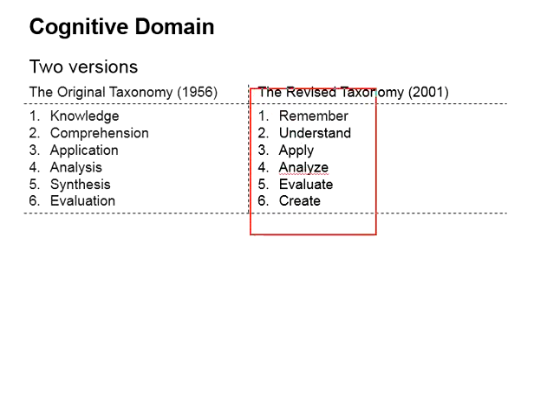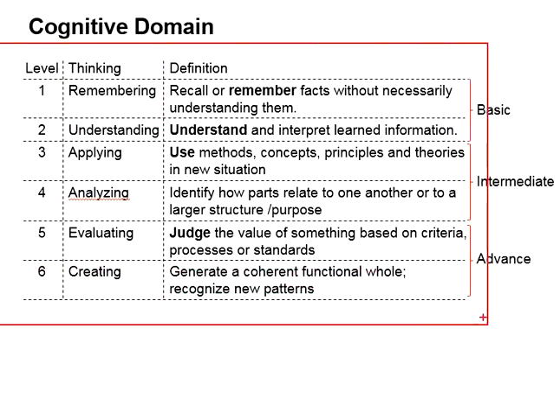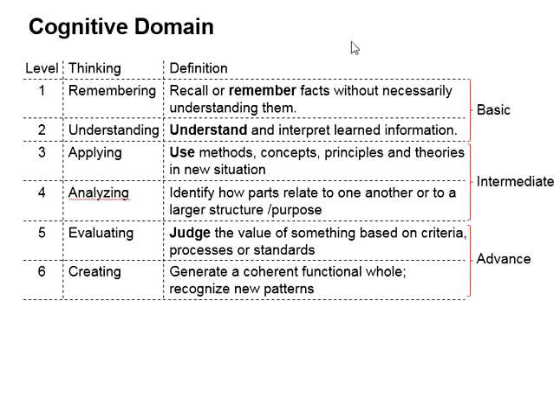Now every single terminology here carries some meaning, which can be seen from these slides. This is about the cognitive domain. We have 6 levels here. Level 1 will be the most basic, and level 6 will be the most advanced level.